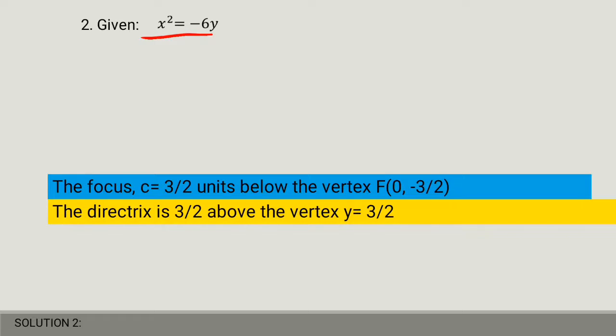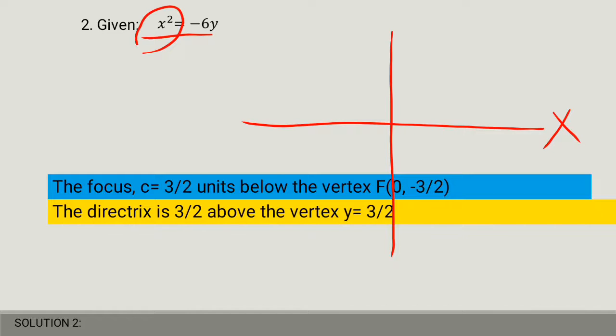So ang gagawin natin, aalamin natin ang graph ng ating given equation. So meron tayong x-axis, since ang ating x ay raised to 2, ibig sabihin ang ating parabola ay touching the x-axis. Ngayon, bakit siya pailalim? Kasi yung ating 6y ay negative.